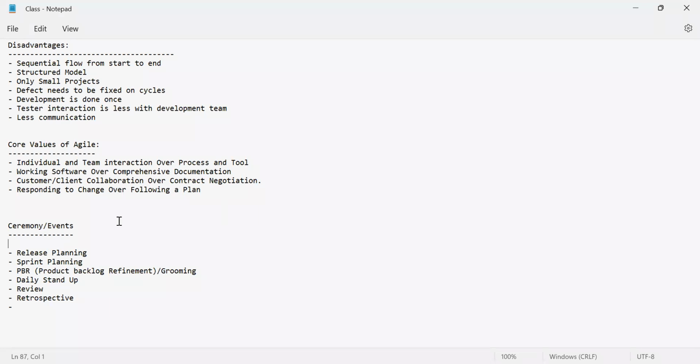Okay. Here we have these ceremonies, right? So what does a ceremony mean? According to the Agile playbook 2021, ceremonies are called events.